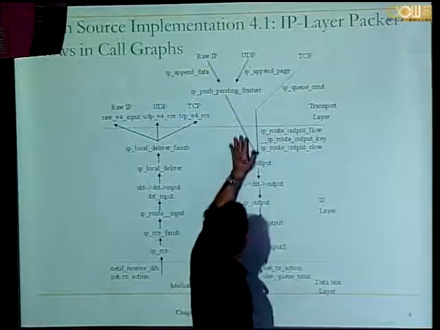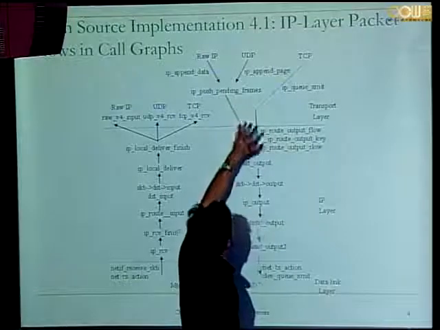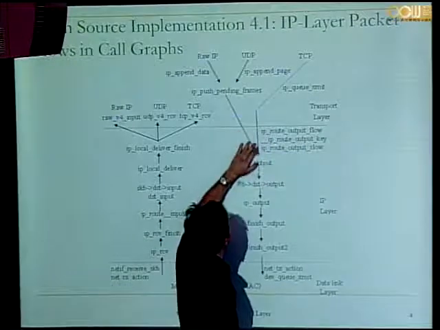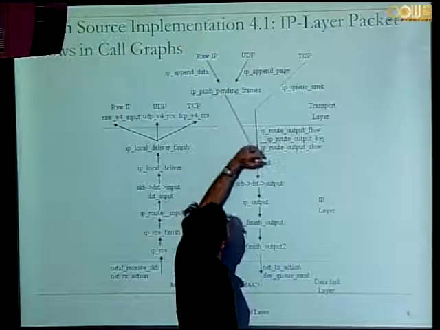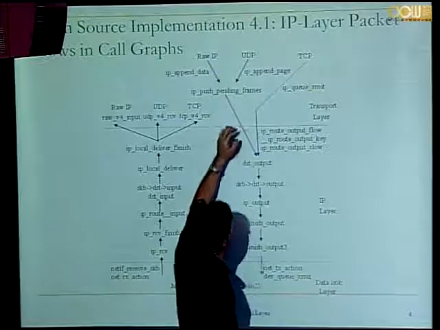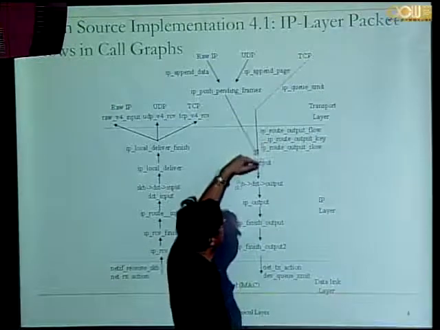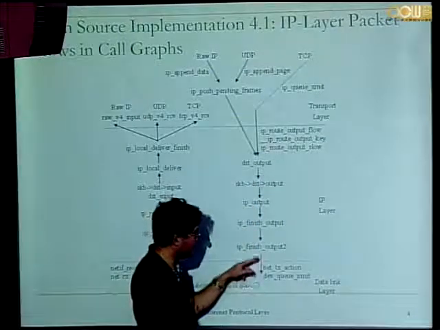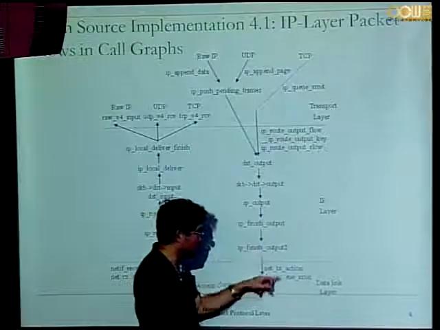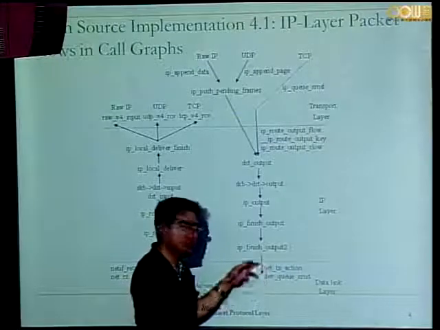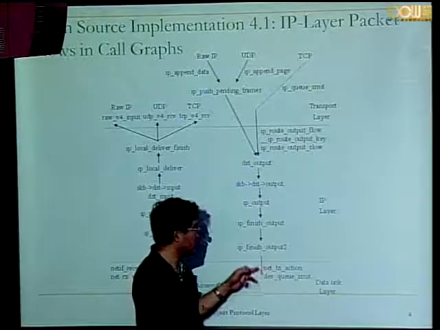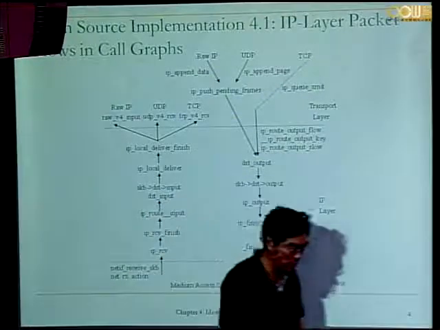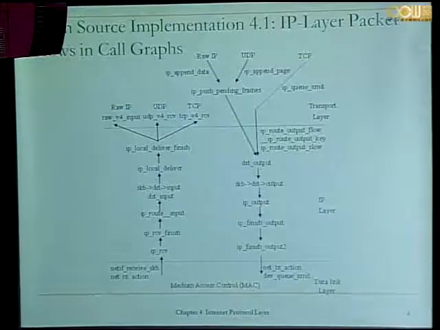Here, for the outgoing, again, three modules would call the functions here: raw, UDP, and TCP. They will call from different functions. They will call these functions in order to transmit the packet. And then here, this function will call the drivers. We have seen this too in the driver. So this function will call these two in order to transmit the packet into frames.